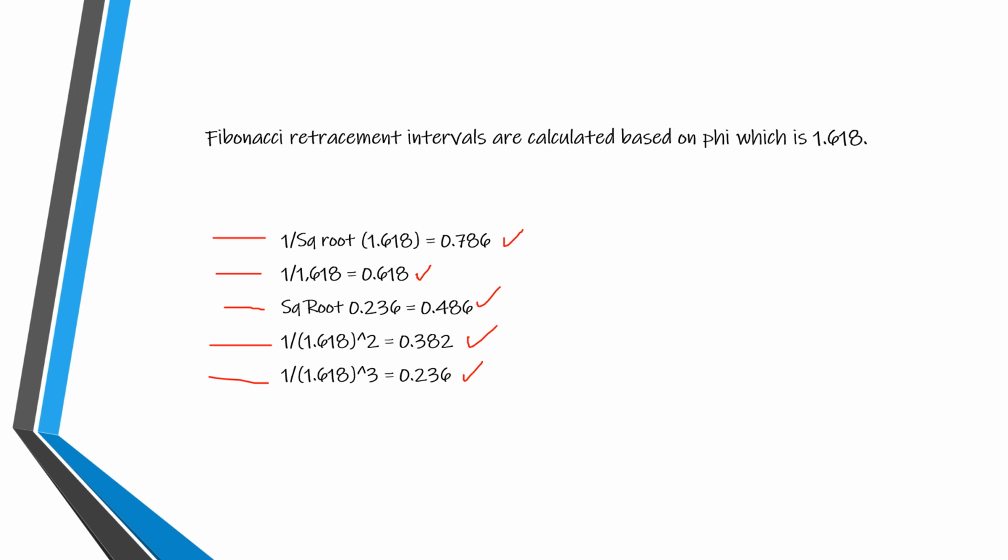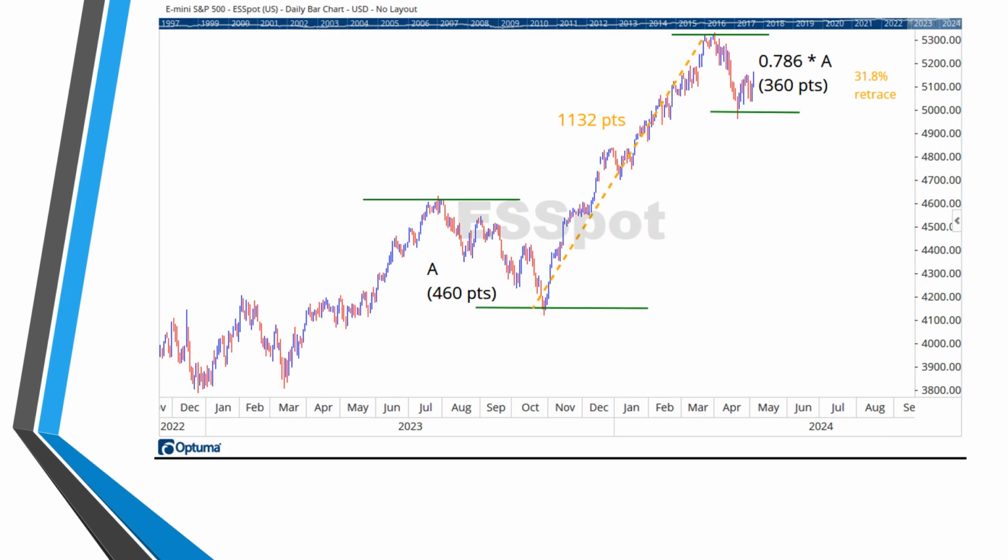Now, I want to take a look in the next slide here at the S&P 500. I want to show you where a couple of these Fibonacci retracement intervals have recently made an appearance. Okay, so here is our E-mini S&P 500 daily chart. And you can see that in July of 2023, we hit a little peak.